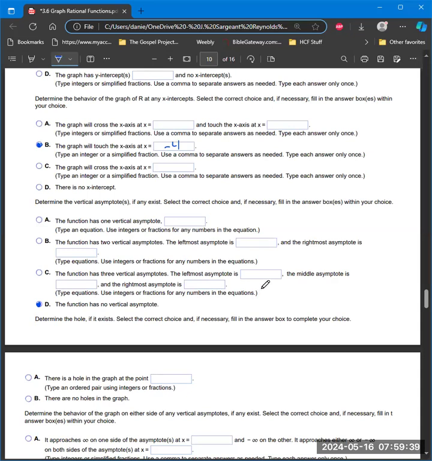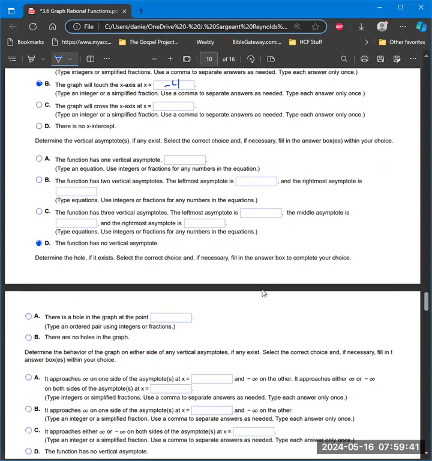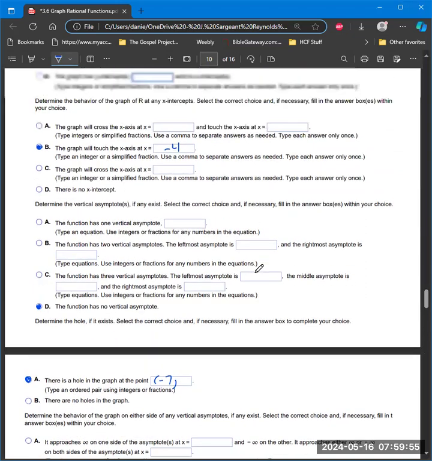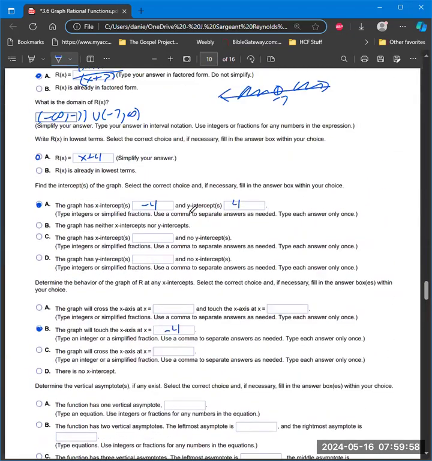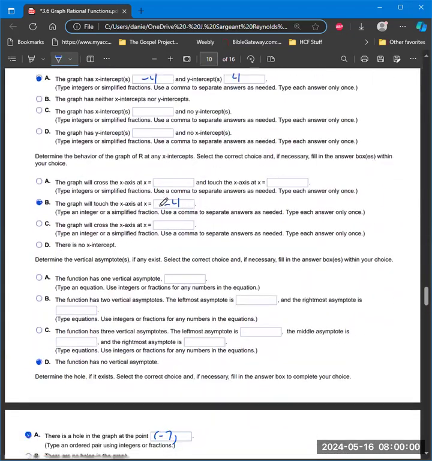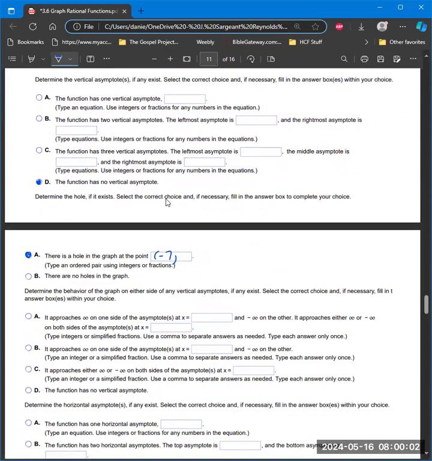And determine the hole, if any. There is a hole at x equals -7, where that factor canceled out, and -7 plus 4 is -3.